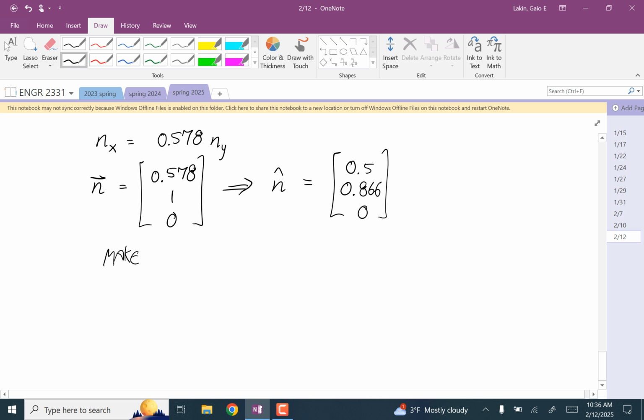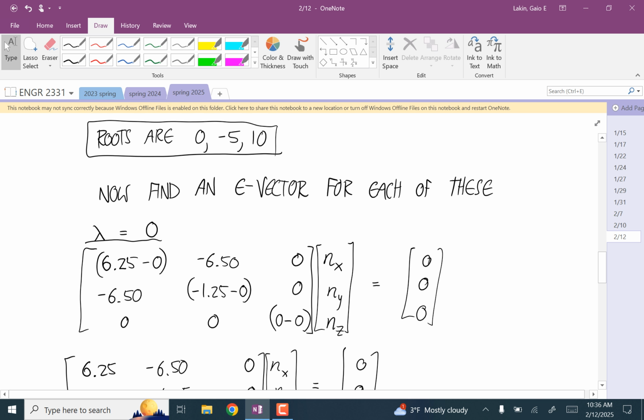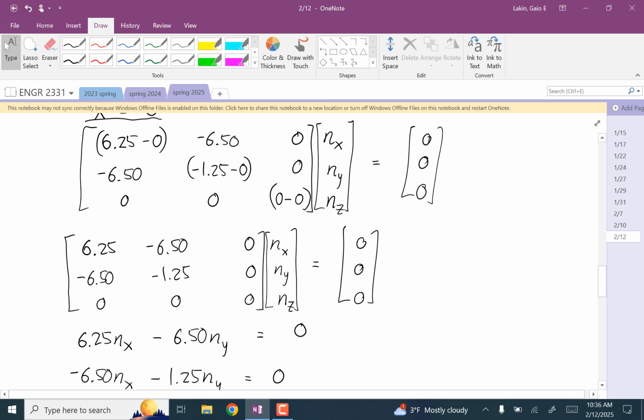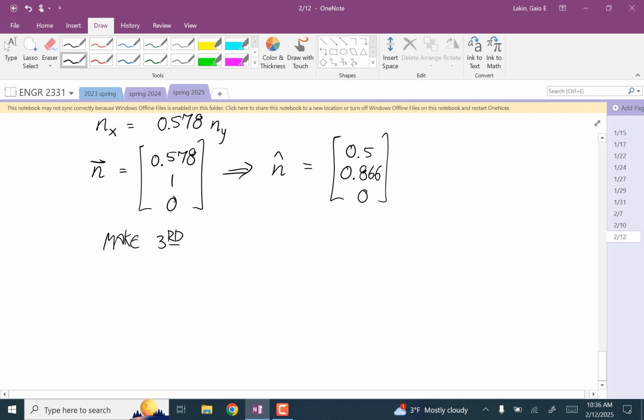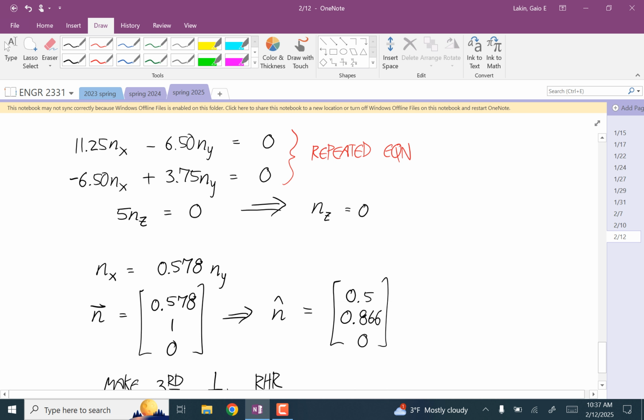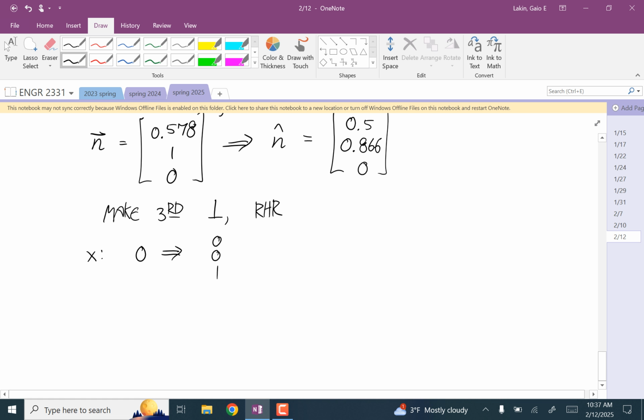So is there a way to easily do X and Y first? Well, yeah, whichever ones you do first and second can be your X and Y, and then just make the third one your third one. It has to satisfy the right-hand rule, so let's say we'll make our X position, we're calling that our 0, and that corresponds to an axis, let's say 0, 0, 1.